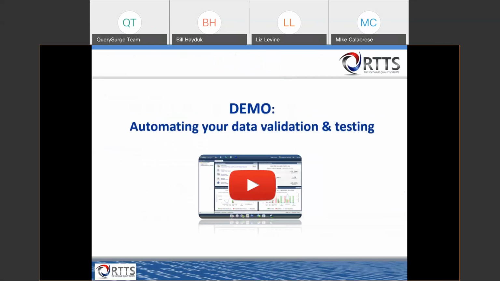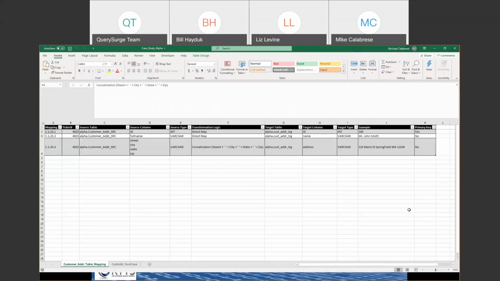So I just want to now talk about a demo for an example of what this company was dealing with, how they were doing things originally, and how their automation implementation benefited them. As an example here, one of their tables was storing a customer address. And as you can see from this mapping document example here, we have a source and a target.